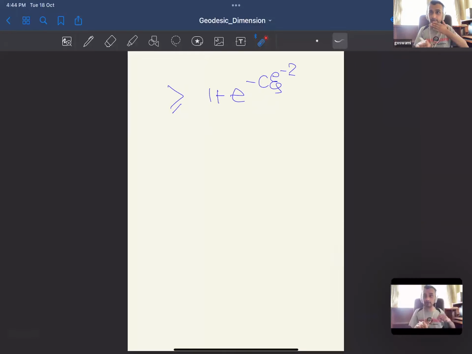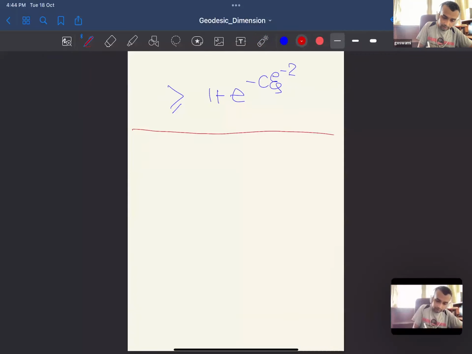Okay, since I have the remaining 15 minutes, let me try to outline the main steps of the proof as much as I can. So how do you try to prove a statement like this, where you have a system of curves and you want to prove that the dimension of any one of them is strictly bigger than 1?